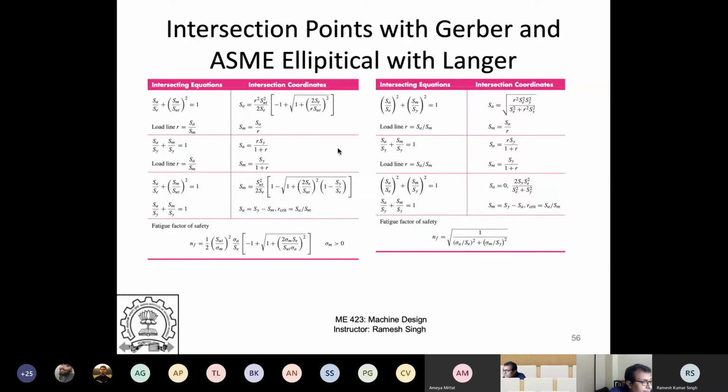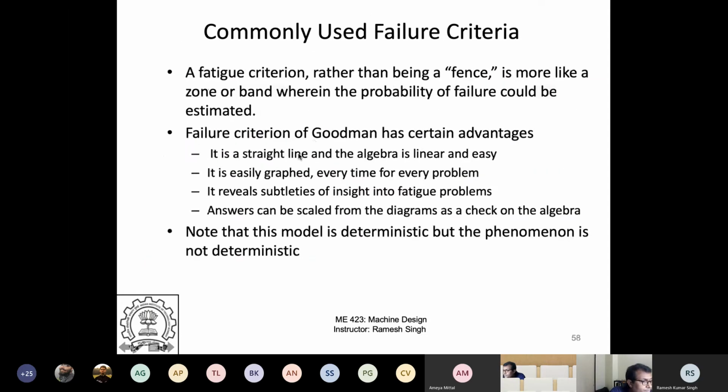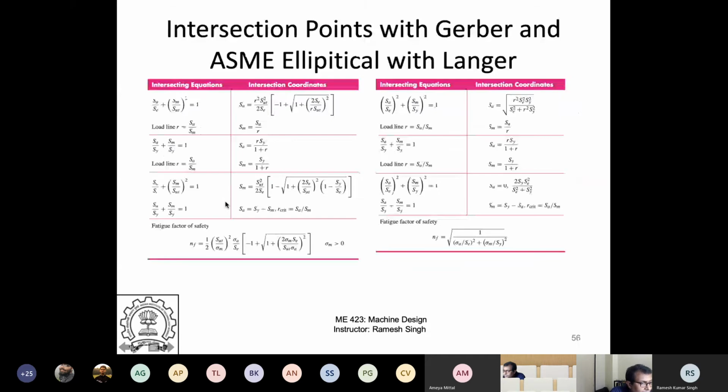So Gerber is which one? Sorry. So this is Gerber. This is my equation. So the intersection of my load line and the Gerber equation, if I solve these two equations, is the intersection line.